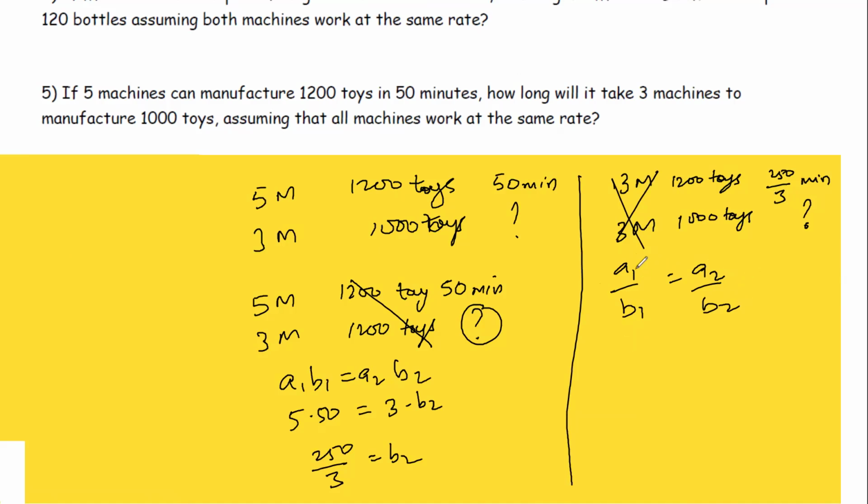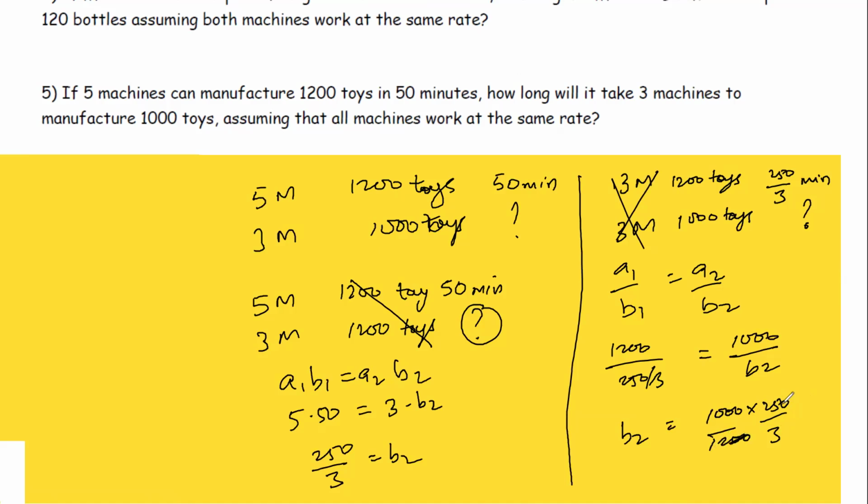So A1 is 1200, B1 is 250 by 3, A2 is 1000, and B2 is what we need to find out. So B2 is equal to 1000 into 250 by 3 upon 1200.